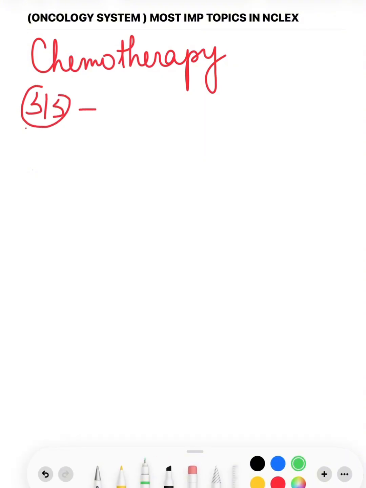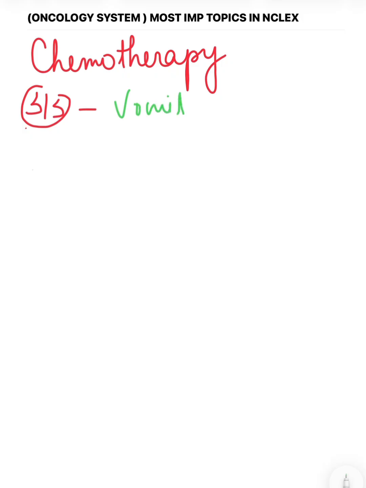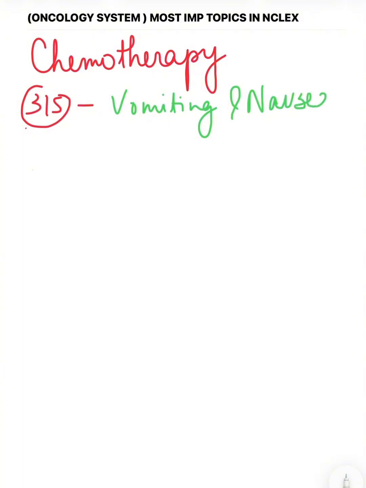The side effects include bone marrow suppression, anemia, thrombocytopenia, pancytopenia, vomiting and nausea, alopecia, stomatitis, elevated uric acid, and always check temperature every 4 hours. These are some of the side effects of chemotherapy.